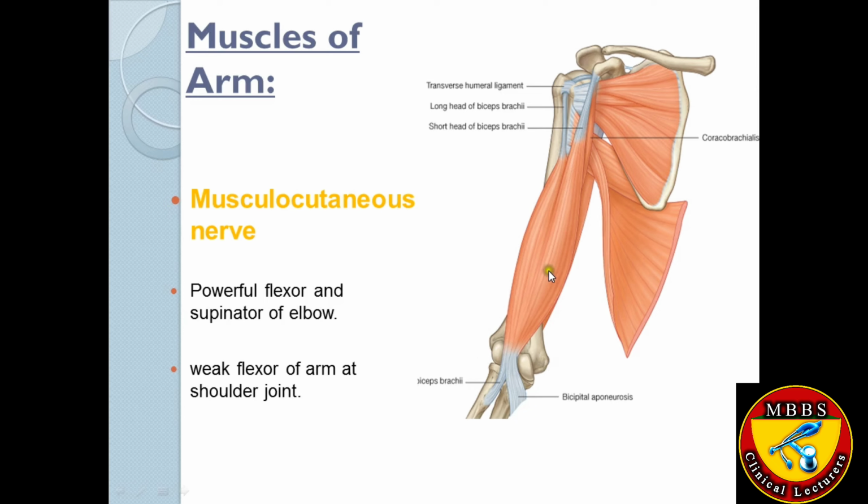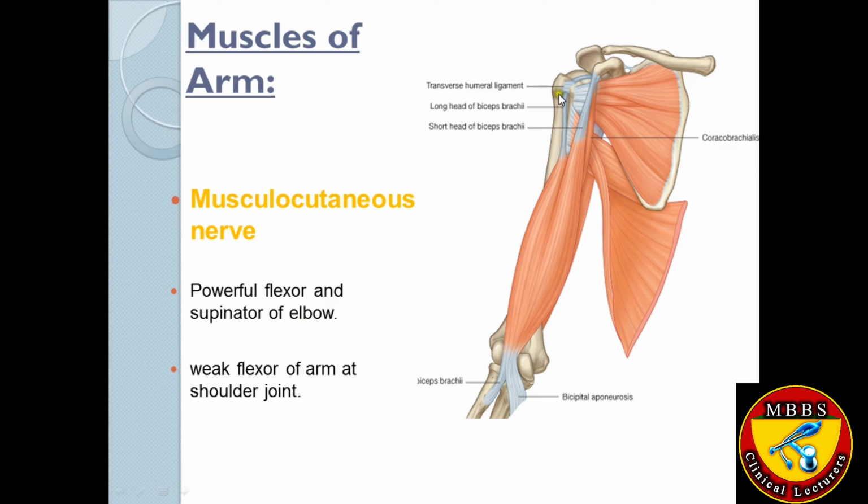Look into the figure. It is crossing the elbow joint, so it is going to perform the main function at the elbow joint. The biceps brachii is a powerful flexor of the elbow joint, as well as a supinator.